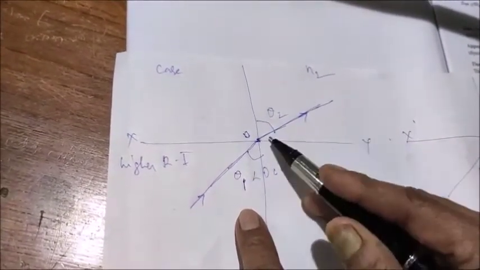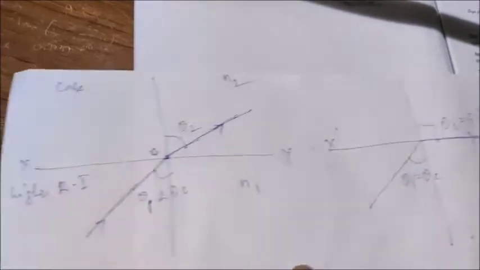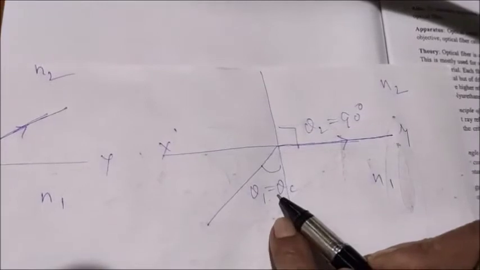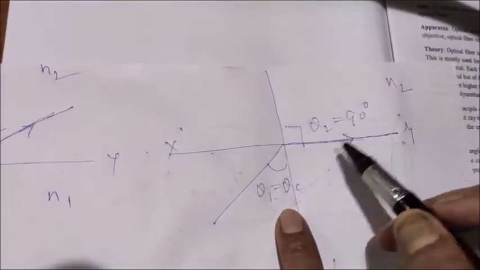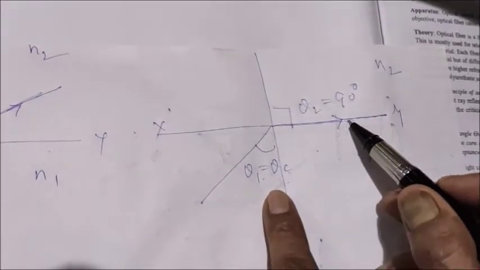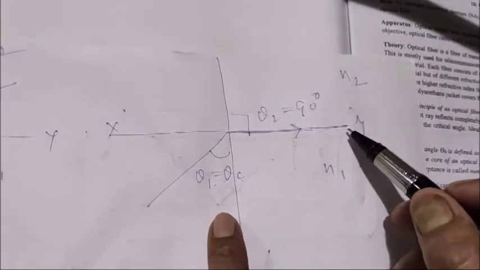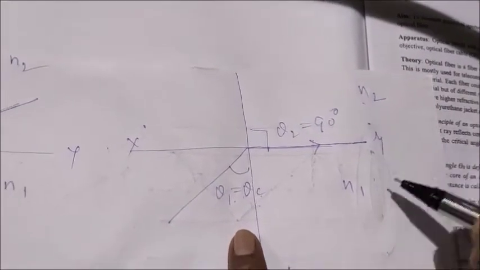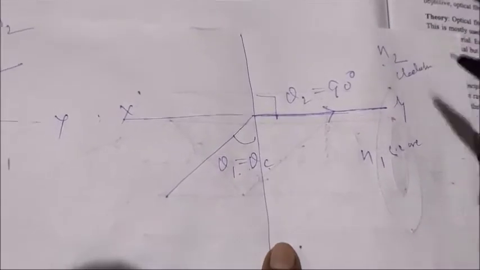Here the refracted ray bends away from the normal. Further, when the angle of incidence increases to theta c, the angle of refraction is equal to 90 degrees, and the refracted ray grazes the surface separating the higher and lower refractive index media. That is the core and cladding here. Very clear?